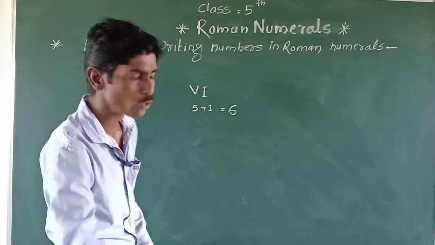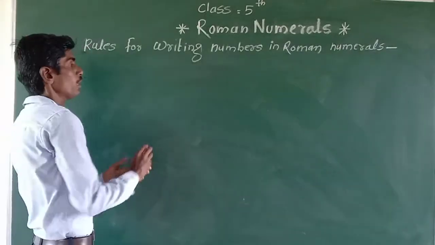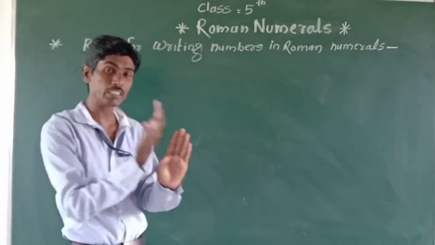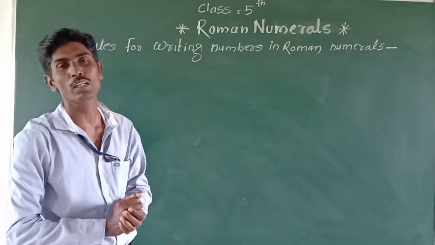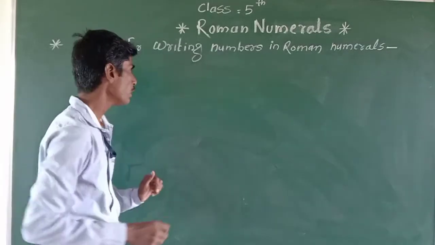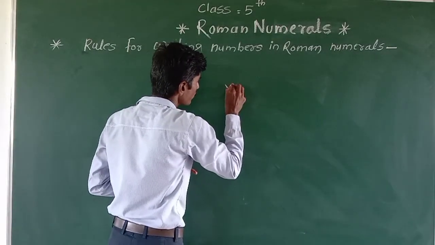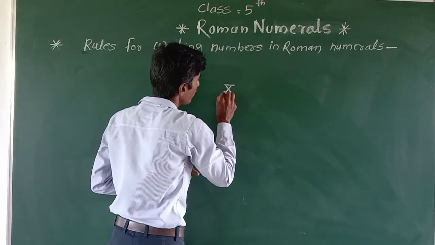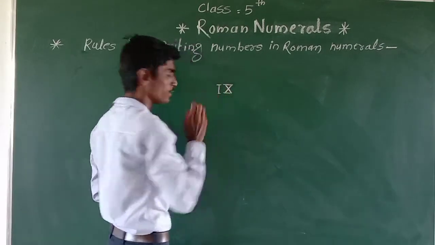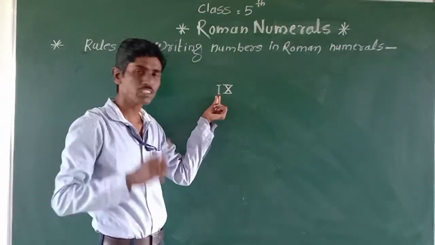After that, the second rule is that if a smaller numeral is on the left side of a larger numeral, we do subtraction. Take IX, that is I and X. X means 10 and I means 1.